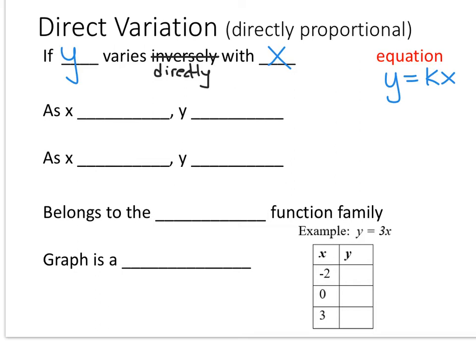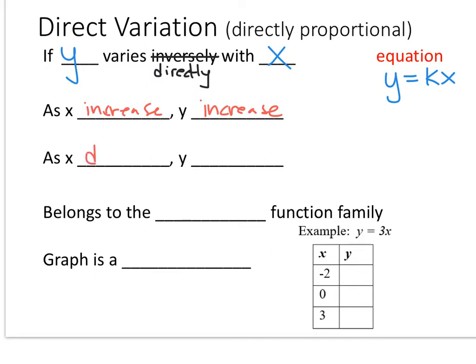Now more specifically, as x increases, since this is a direct relationship or a direct variation, y will also increase. And so what we would see is that as we increase our x values, so if we start at 0 and we go from 1 to 2 to 3 to 4, we will also see those y values increase along with it.